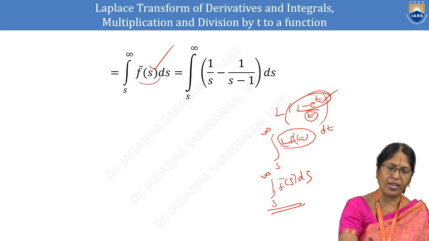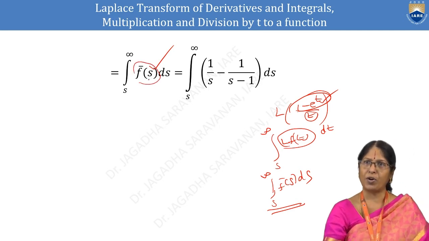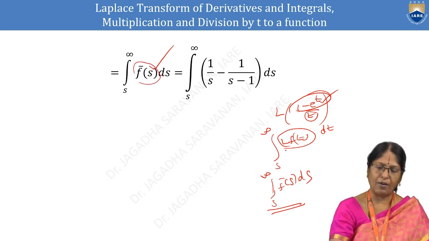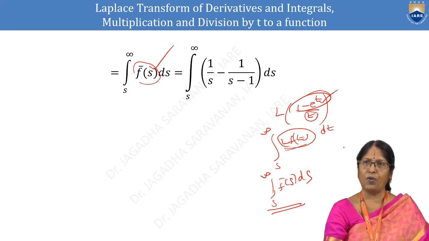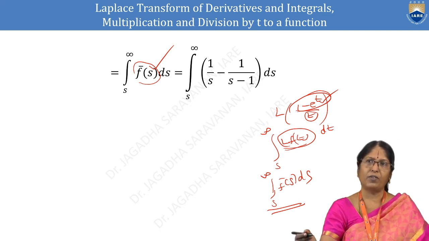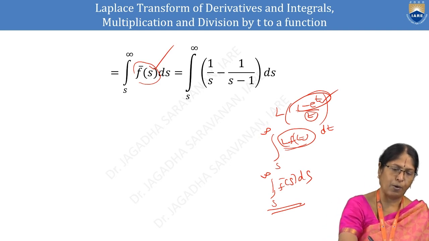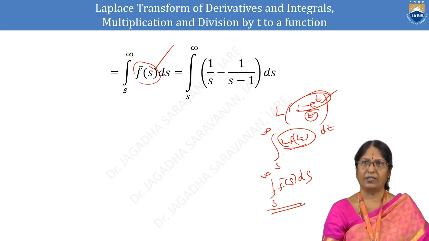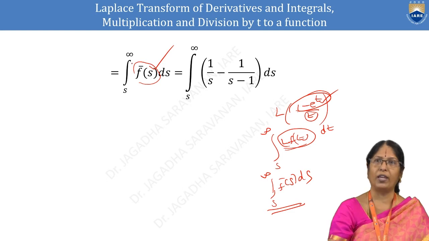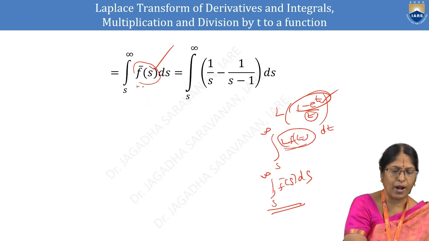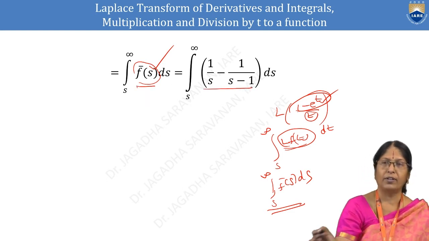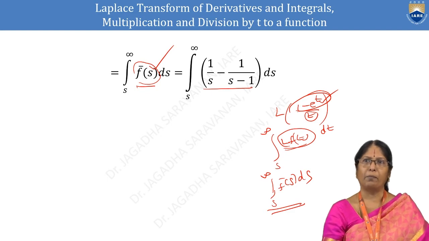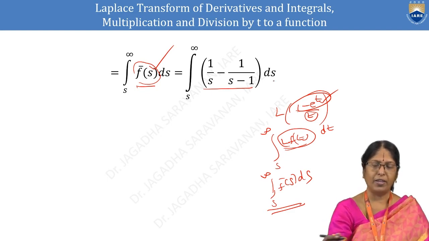L of f of t is nothing but f bar of s, because after applying the Laplace transform, we know the result will be in terms of s. That's why here f bar of s ds, then from s to infinity. This part we already got: 1 by s minus 1 by s minus 1 ds.